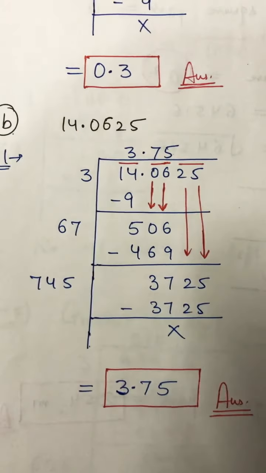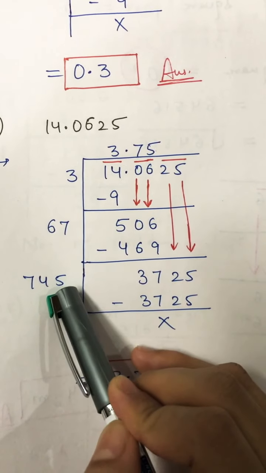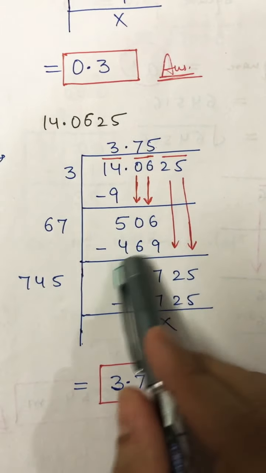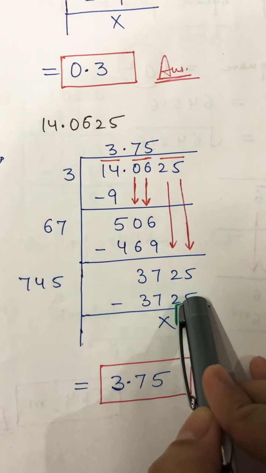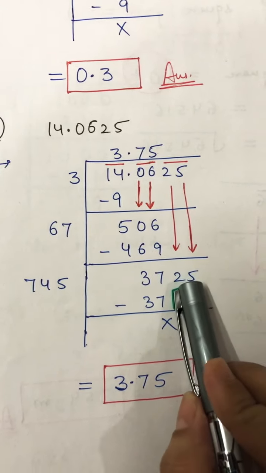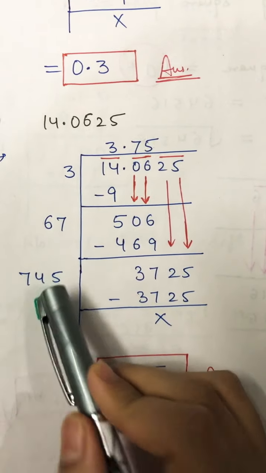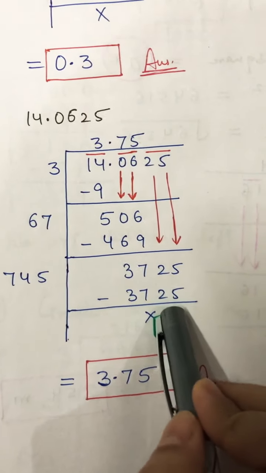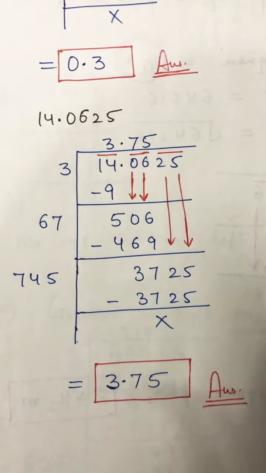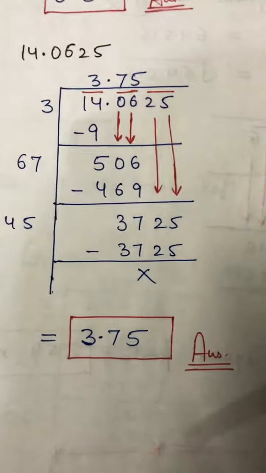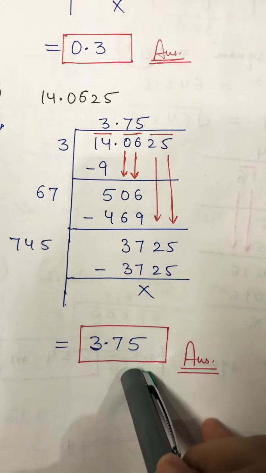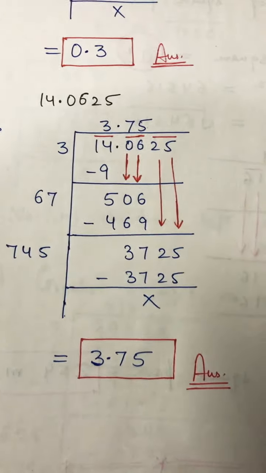Now I will multiply with which number so that this whole number will be cancelled? Because the last digit is 5, I will multiply with 5. 74 5s are 3725. Yes, it goes completely into this number, so the remainder is 0. So now your answer is 3.75. This is your answer. Clear?